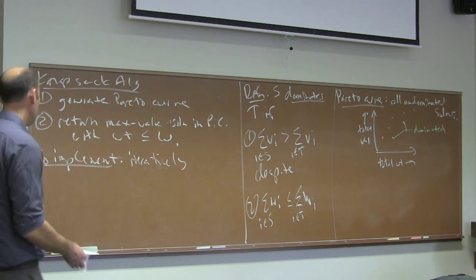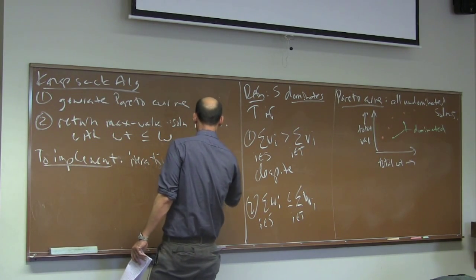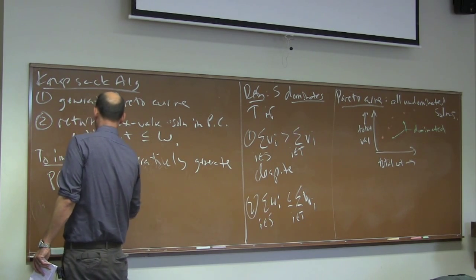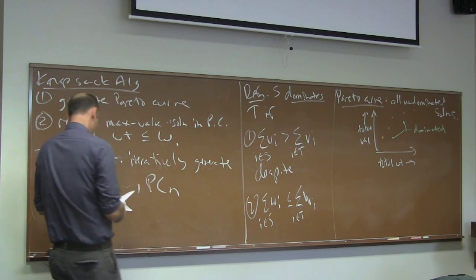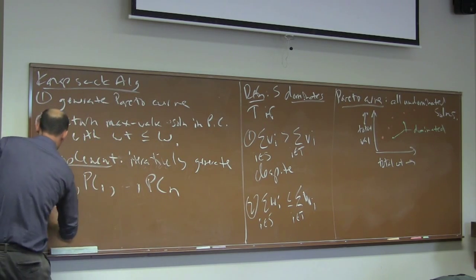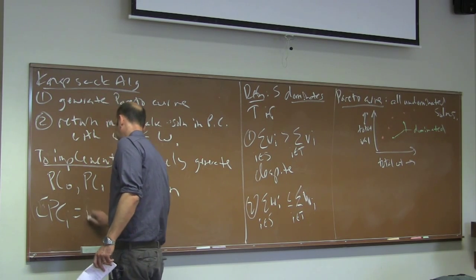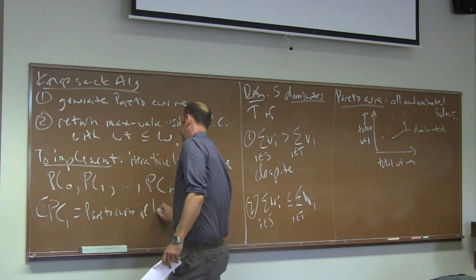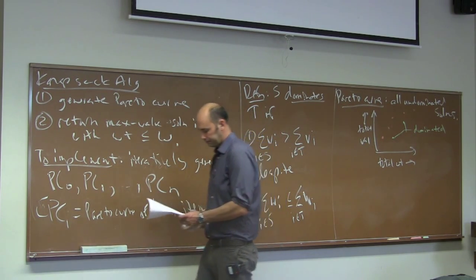So to implement, iteratively generate the PC_i's, where PC_i equals the Pareto curve of the first i items.